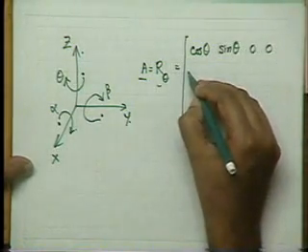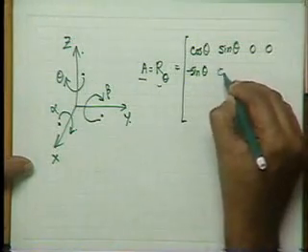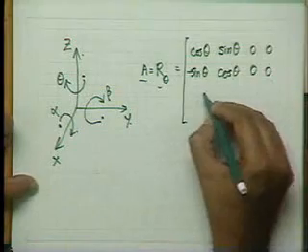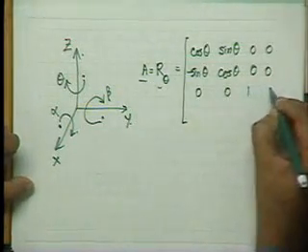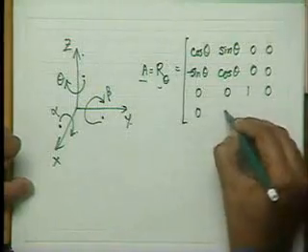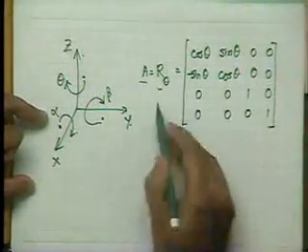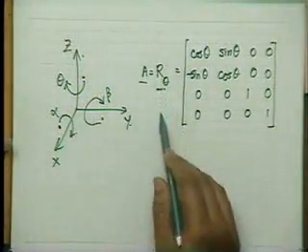This row will be minus sin theta, cos theta, 0, 0. This will be 0, 0, 1, 0. This will be 0, 0, 0, 1. So this is rotation about z-axis, that is to say R theta.